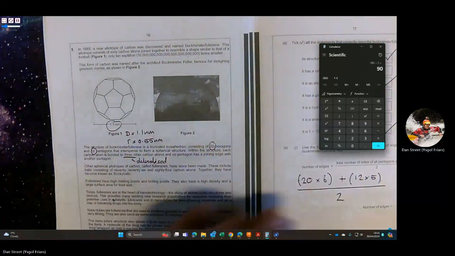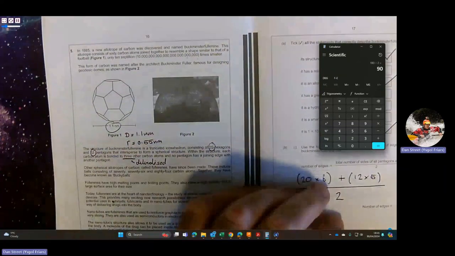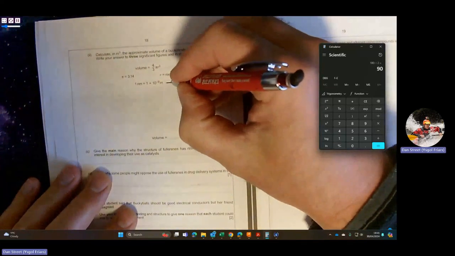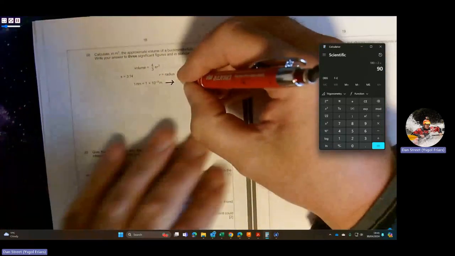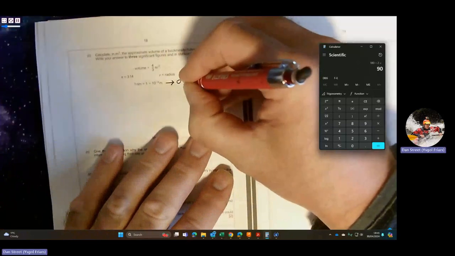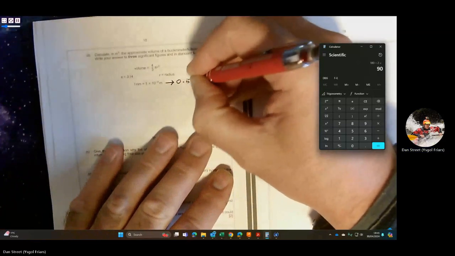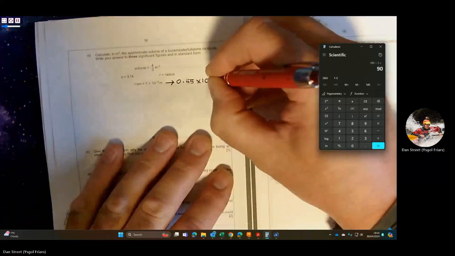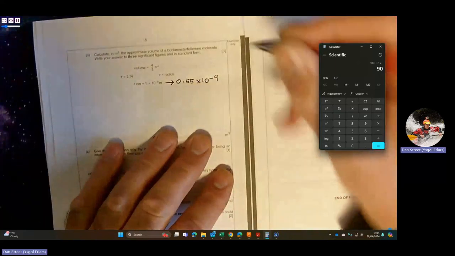Now, if we use that value and put it into our equation given in the question, so if 1 nanometer is 1 times 10 to the minus 9, and we're going to cheat slightly because we're not going to write this in standard form just to make life simple, then our buckyball has a radius of 0.55 times 10 to the minus 9.